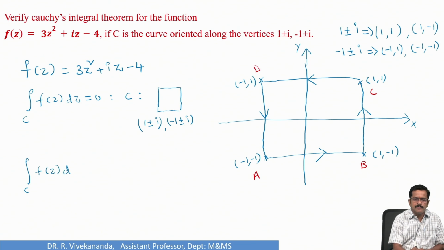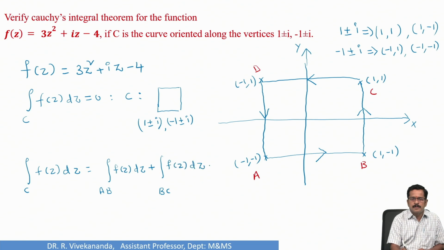The integral of f of z dz equals integration along AB of f of z dz, plus integration along BC of f of z dz, plus integration along CD of f of z dz, plus integration along DA of f of z dz.